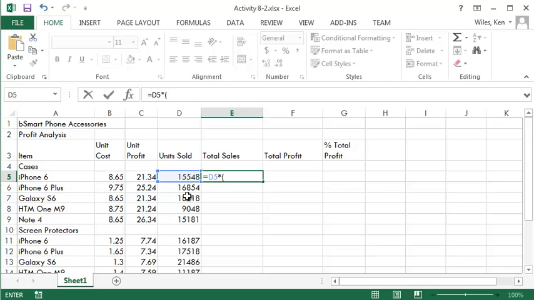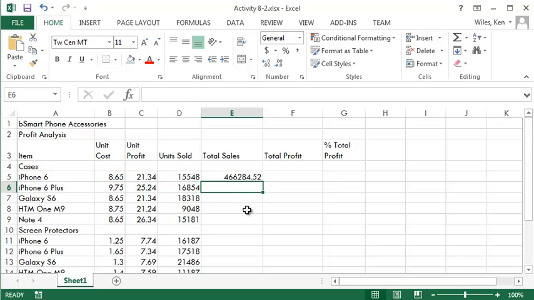And then in parentheses, I'm going to add the cost plus the profit to get that $29.99, and then this will give us their total sales. Their total sales for the iPhone 6 case was $466,284.52.